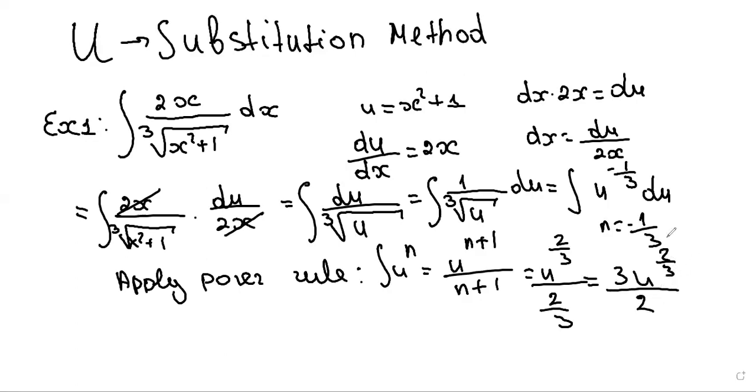But we never forget to substitute back: u is x squared plus 1, which gives 3 times (x squared plus 1) to the 2 over 3, divided by 2, plus c. So you see, when we write dx as du divided by 2x, we simplify, since they cancel each other. Let's just look at another example.